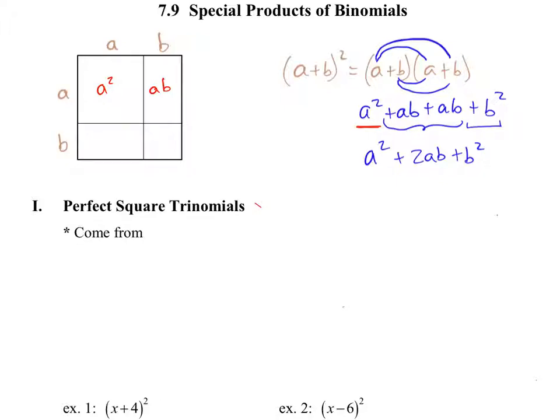The area of this rectangle down here is going to be A times B. So that's my other AB there. And then last but not least, we have a side B times a side B, so a B squared. So you see how you can look at it geometrically in addition to algebraically.